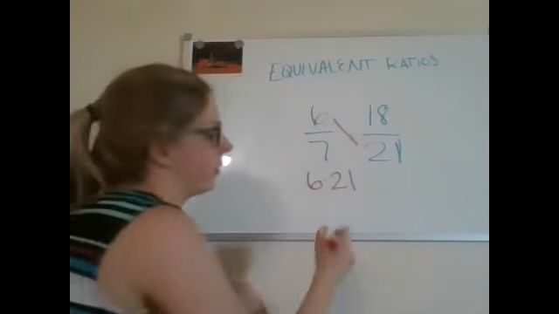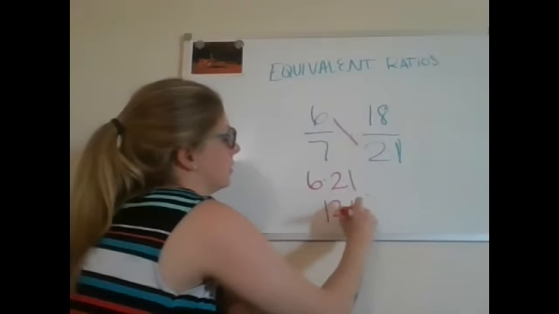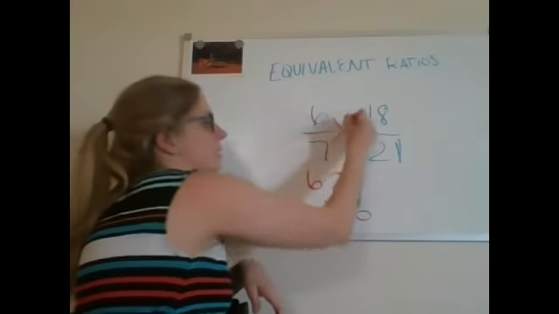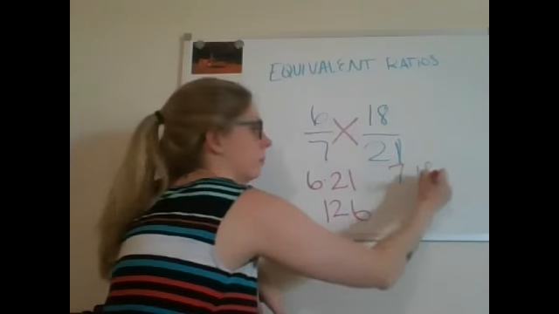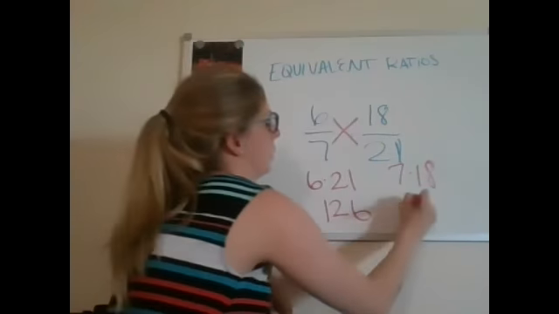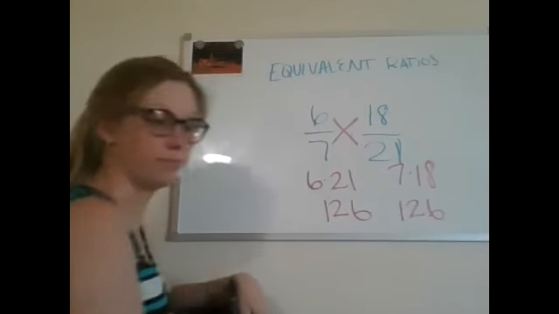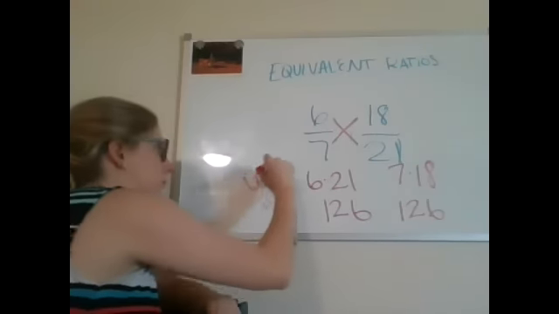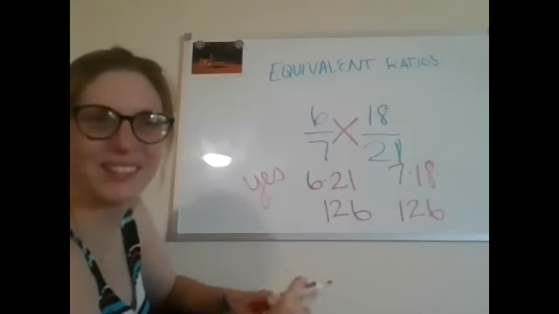We plug that in our calculator, we should get 126. We do the other one, 7 times 18. If we do 7 times 18, we will also get 126. So is this one a proportion? Why, yes. Yes, it is.